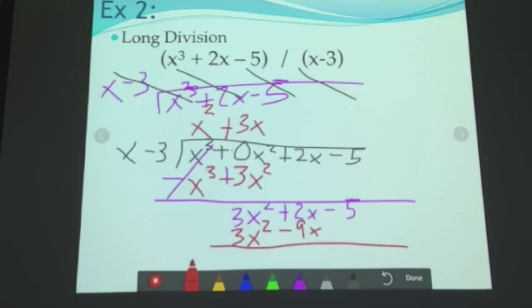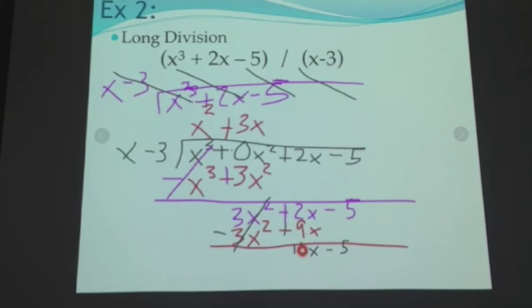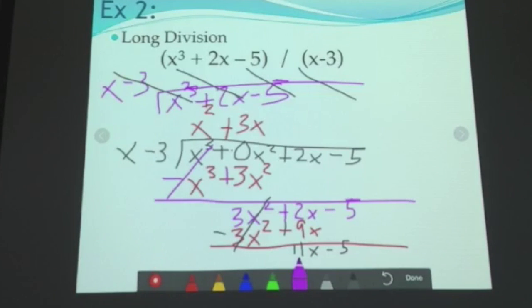We come straight down, change all the signs, so that would become a negative, that would become a positive. So I'm left with 11x minus 5. I'm almost done. So x times what number would give me 11x? X times 11.